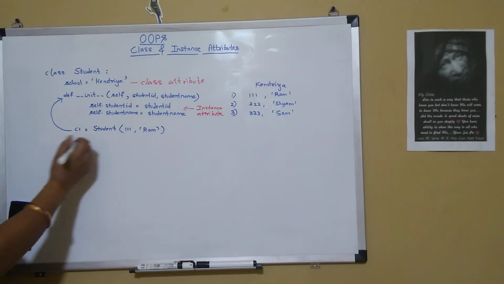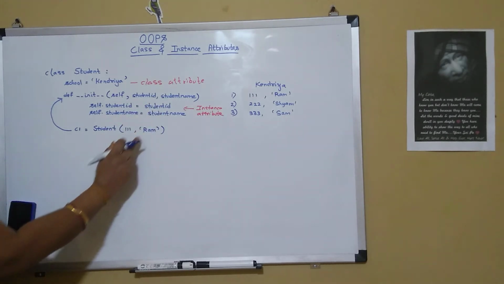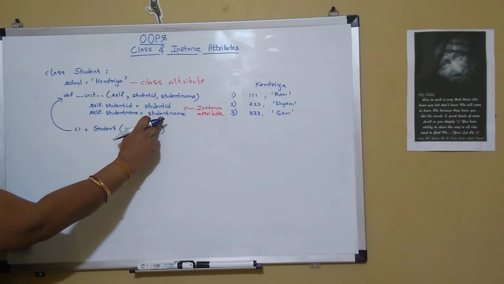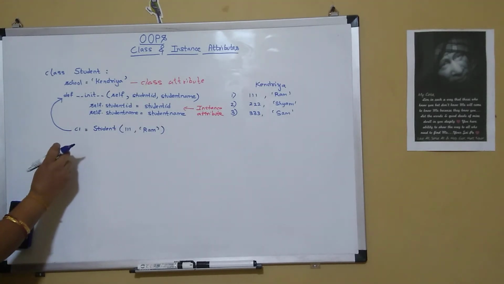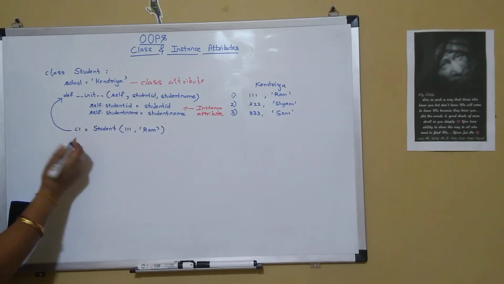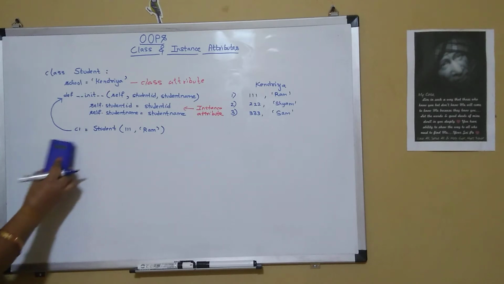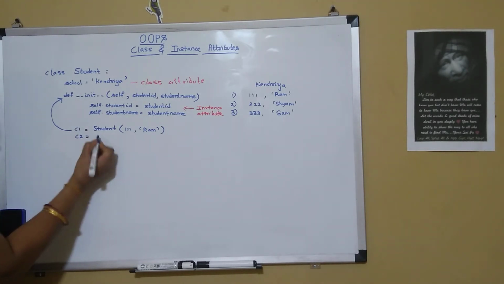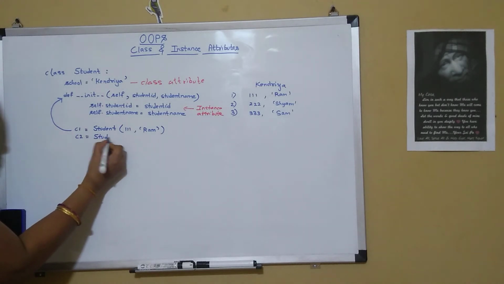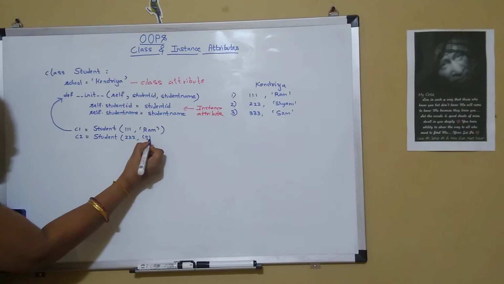And over here we are passing the parameters 111, which will be taken by student ID, and Ram will be taken by student name. Now if we want to access student ID, or let me create all the three objects, that is C2 equal to, for the next student, let me call student class 222 and then Shyam.